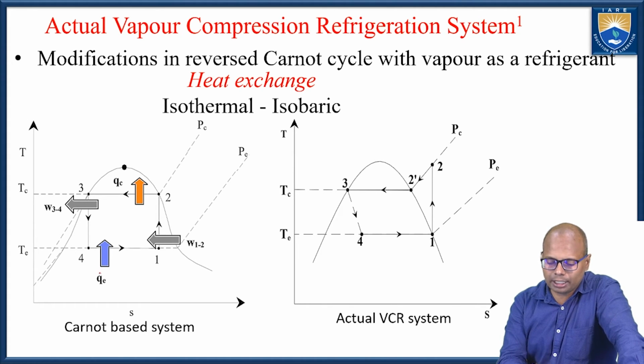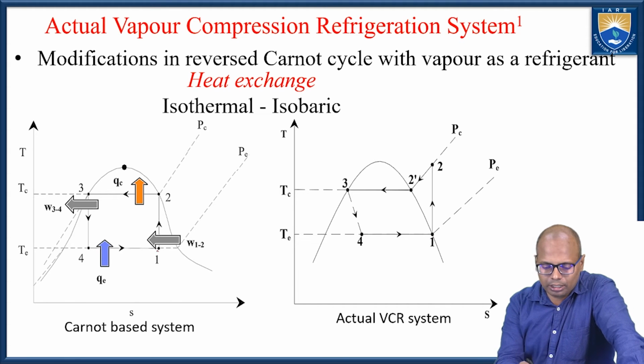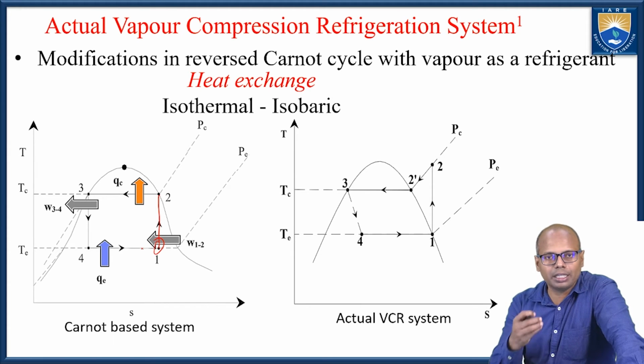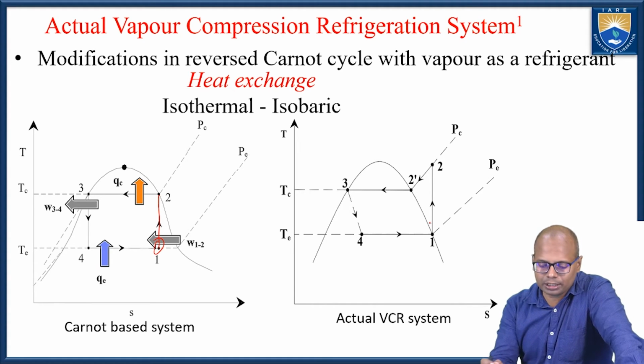Now if you see here, if I compress from here to here, there are some remnants of liquid inside this. So when there are remnants of liquid inside, the compressor performance will go down. If it is a pure gas, the compressor performance will be high. So for the same work, it can go up to here.